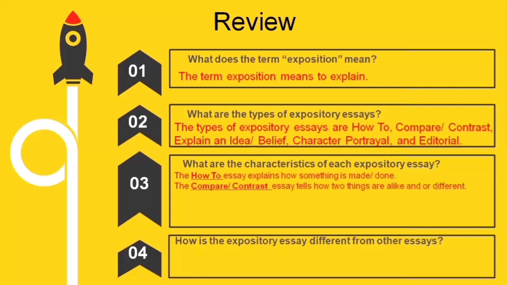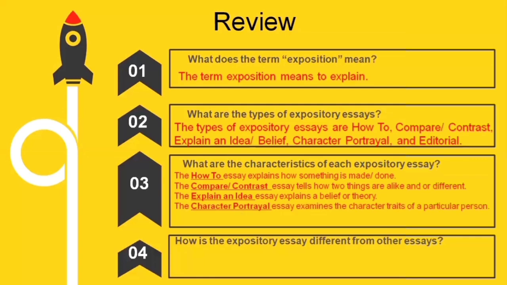The compare and contrast essay, which tells us how 2 things are alike and or different. The explain an idea essay that explains a belief or a theory. The character portrayal essay examines the character traits of a particular person. And the editorial essay explores a current issue and gives solutions to solve the problem.